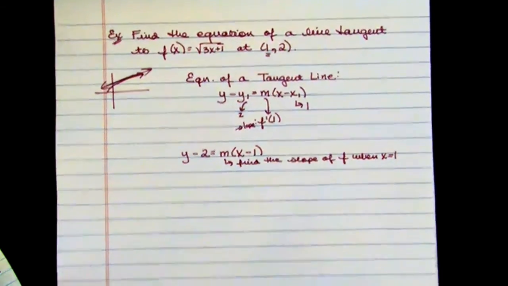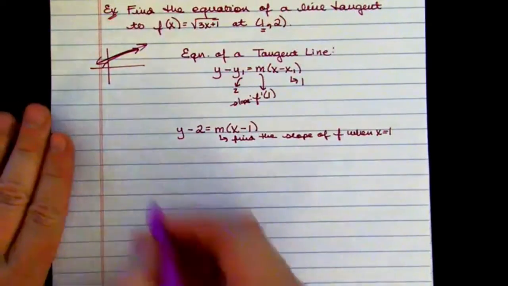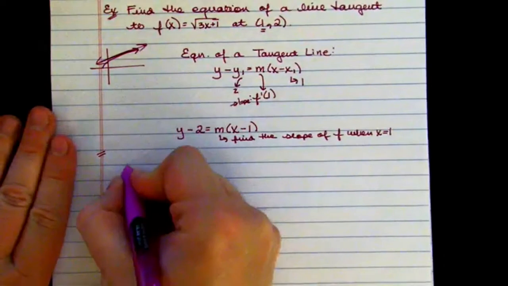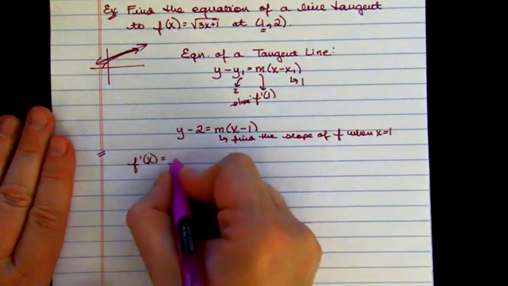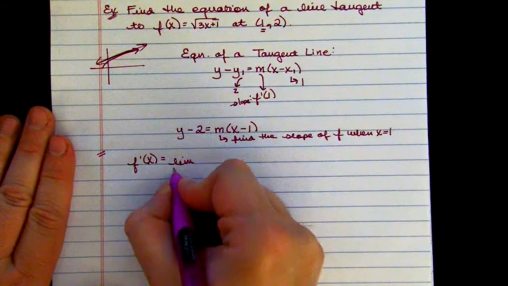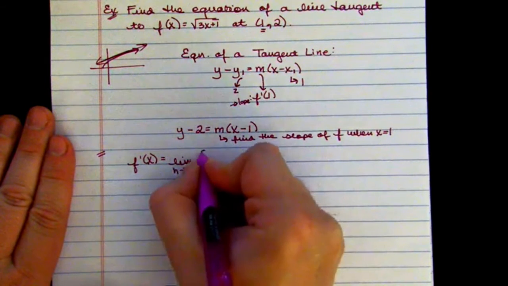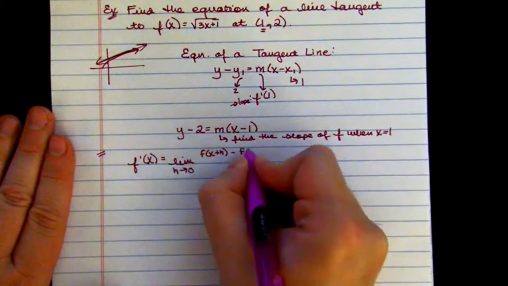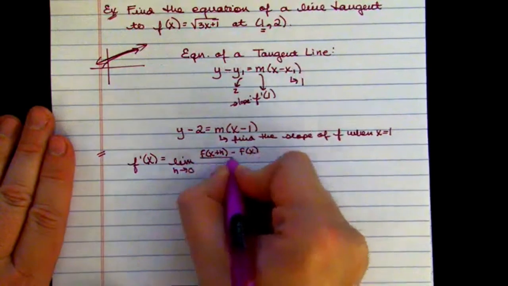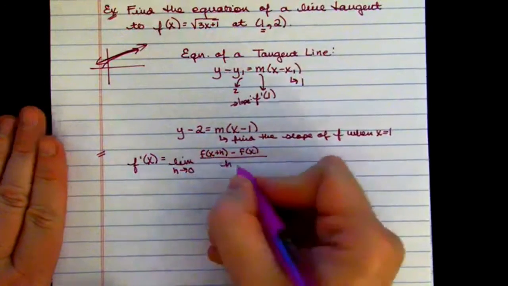So I'm going to put this tangent line problem on hold, and I'm going to try to calculate my derivative. f prime of x equals the limit, as h approaches 0, of f of x plus h minus f of x over h.